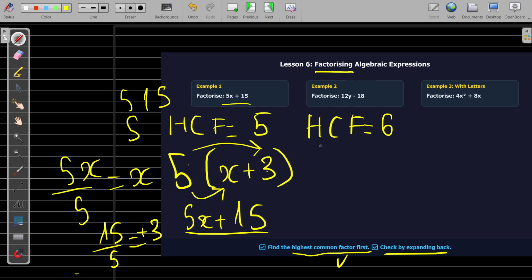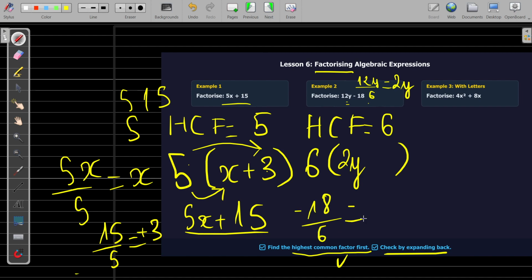Once we find our HCF number, our job is easier. We write this 6 outside the bracket, and then we divide these two terms by 6. 12y divided by 6 is going to be 2y, so I'll write 2y here. Minus 18 divided by 6 is going to be minus 3.